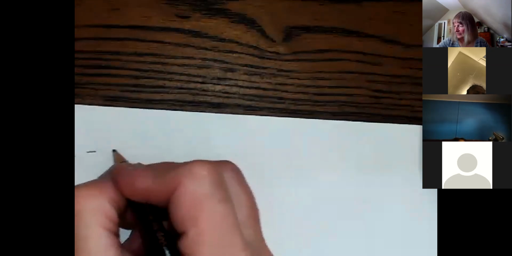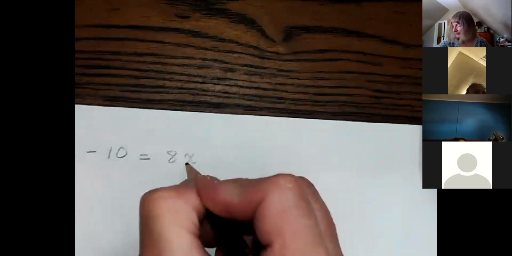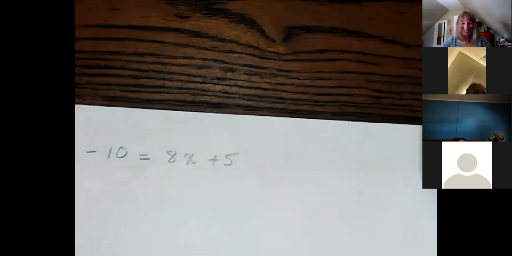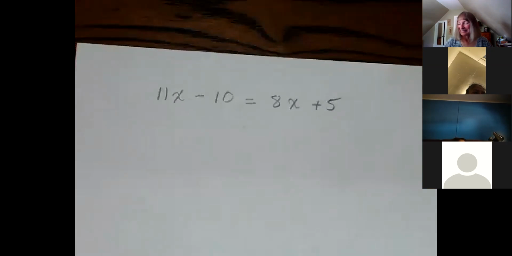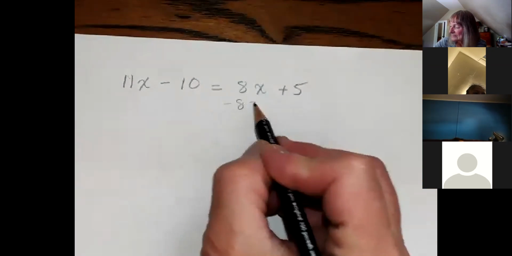Wait, didn't we already do this one? Oh, it's been so long, I forgot already. Did we do that one? Let's get rid of the variable first. Oh yeah, I remember doing this. We just did this one, sorry. Yeah, minus 8x from 11x. Okay.